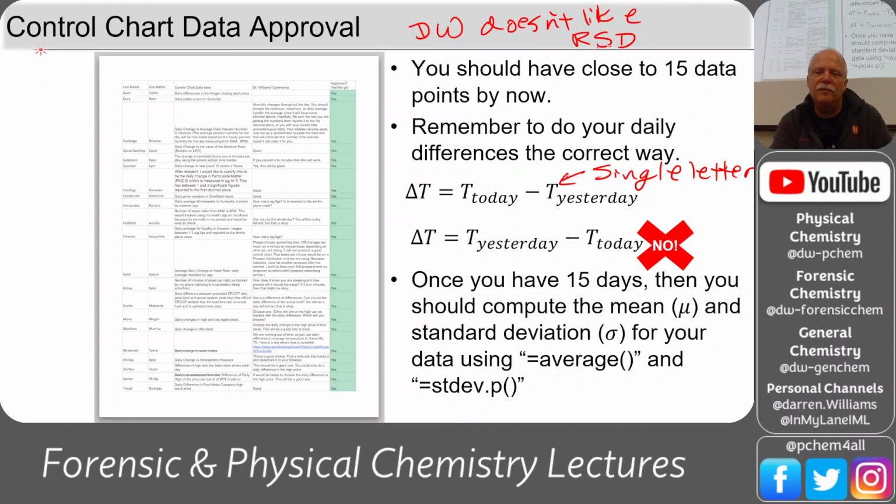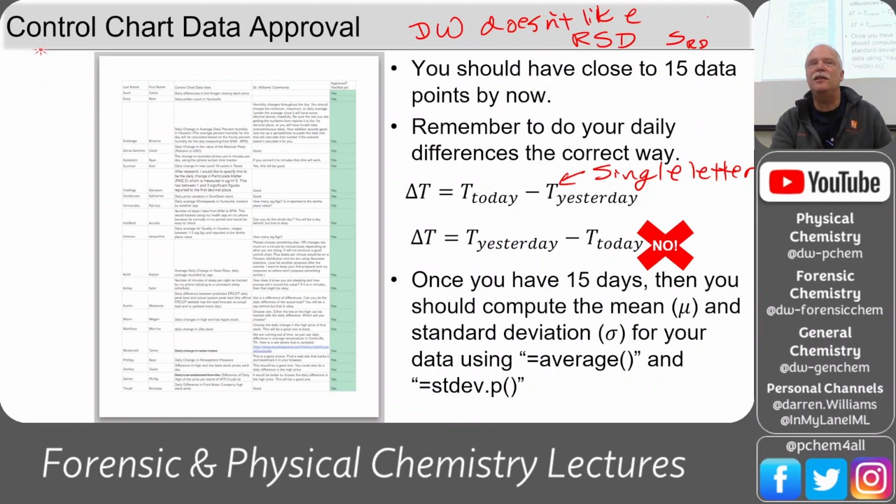I don't know what, maybe it should be SRD, a single letter with subscripts. So that would be the standard relative deviation. I don't know. I haven't come up with a good one, because if I come up with one, then I'm going to be an odd person out, and RSD is well known.